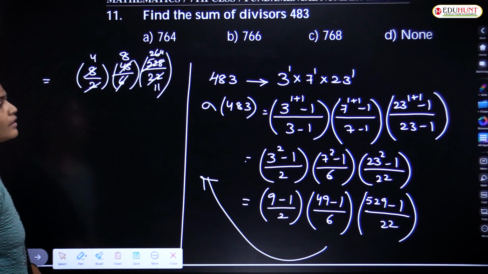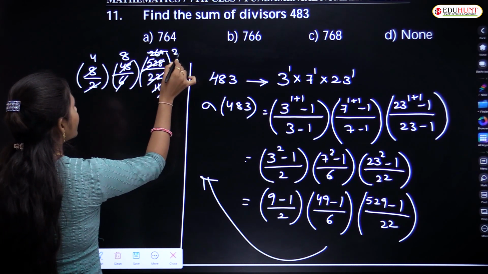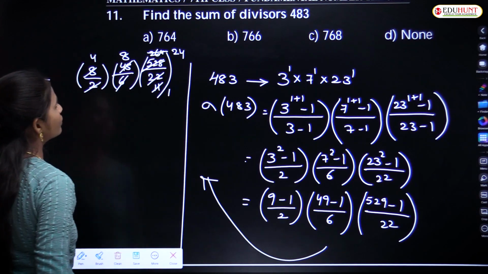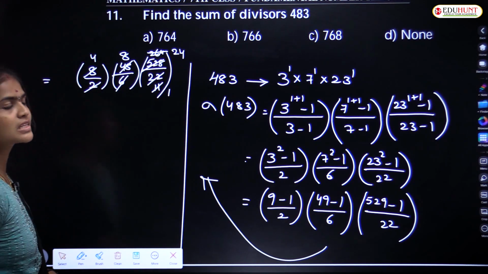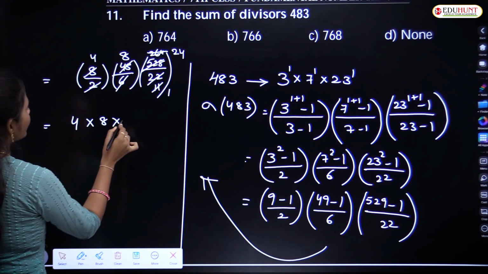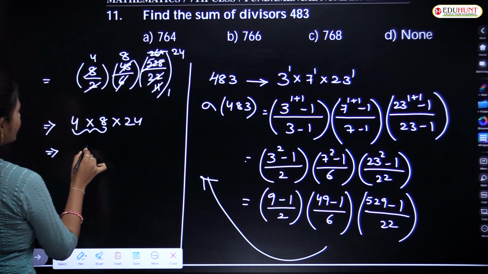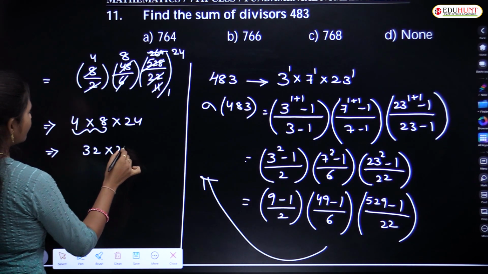Is it clear? Now 11 1s are 11, 11 2s are 22, 11 4s are 44, which means 11 24s cancellation is possible. So here 4 into 8 into 24. Now do the multiplication. 4 8s are 32 into 24.